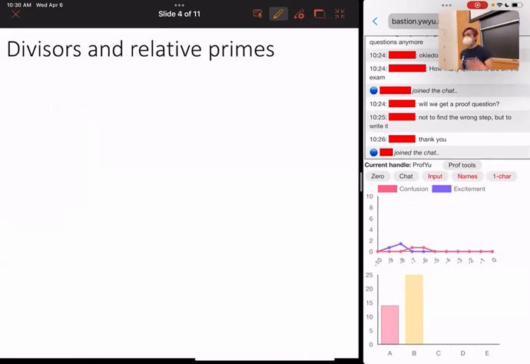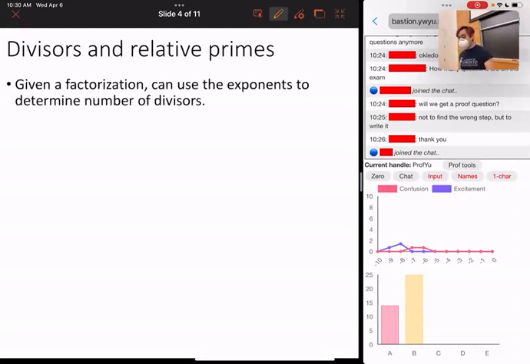We did divisors and relative primes. For example, you might notice that given the factorization, it's pretty easy to use the exponents to determine the number of divisors. So for example, 120, you want the prime factorization of this. Let's split that up: 10 times 12, 2 times 5, 3 times 4, 2 times 2. And so that's equal to 2 cubed times 3 times 5.